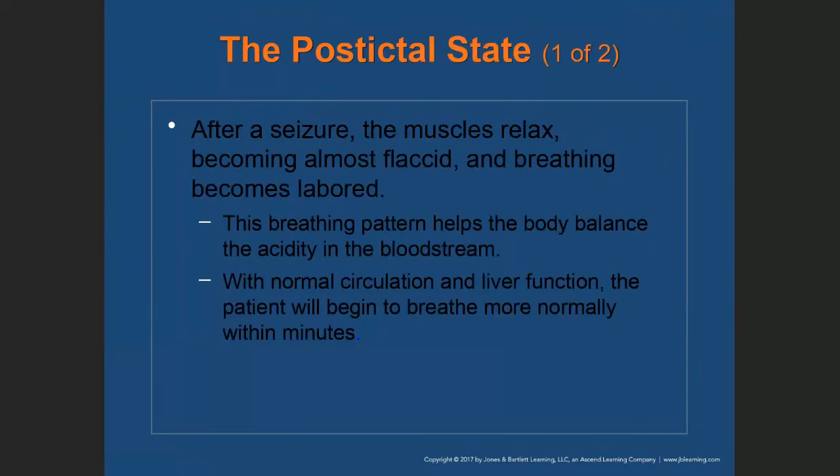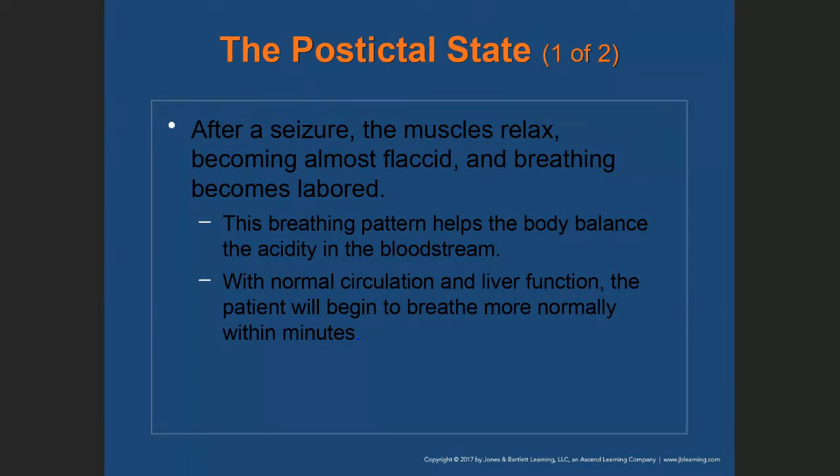All right, the postictal state. After a seizure, the muscles relax, becoming almost flaccid, and breathing becomes labored. So they start to breathe very, very rapid and deep because they're trying to balance out the pH based on the activity that went on.